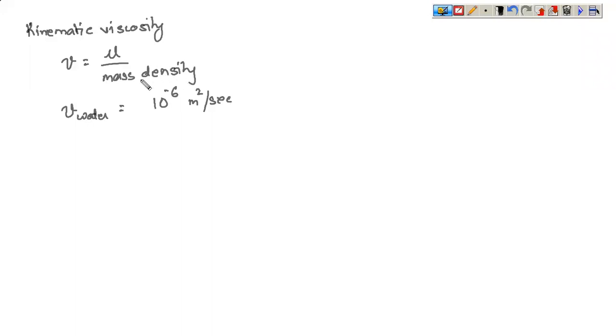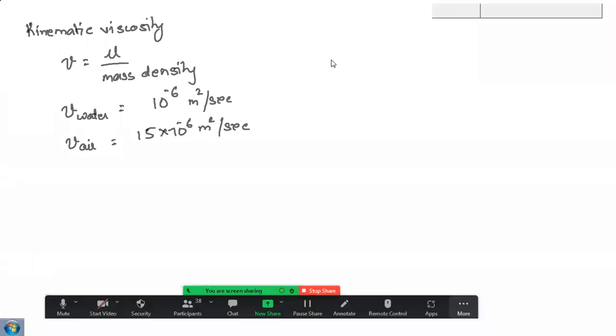Because mass density is mass per unit volume, the Newton will cancel out. So if you talk of mu of air, this is 15 into 10 to the power minus 6 meter square per second. So you can say that air has more viscosity as compared to water. So it is said that kinematic viscosity of air is 15 times greater than the corresponding value of water.